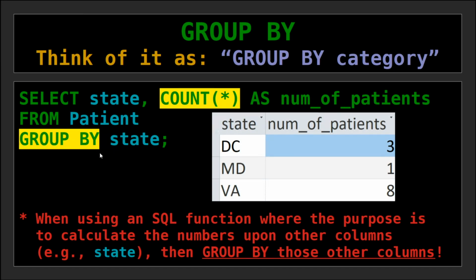But notice how it says select, I want to see the state column, that's why we said that, comma, and then count things up, with an alias as number of patients, and we're going to group by the state. That's why these numbers are counting how many patients are in each state.